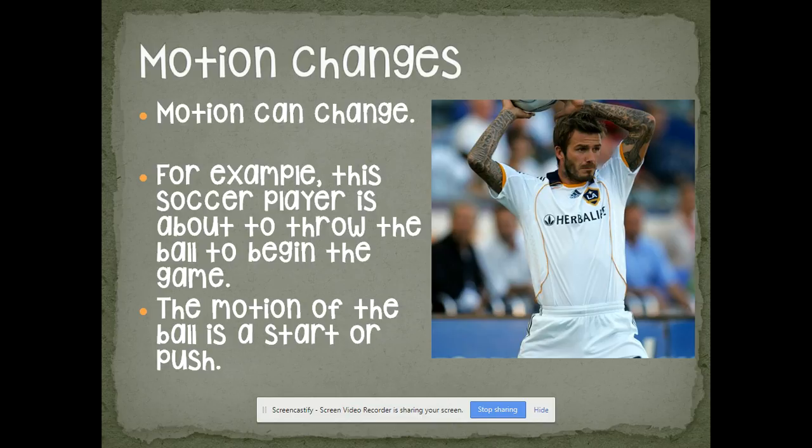Currently, that ball has no motion. It is sitting in his hands. It is not changing position. There is no speed on it. It is literally still. As soon as that soccer player throws that ball, the ball is put into motion. So the force of his arms throwing that ball is a push, or a start to the motion.